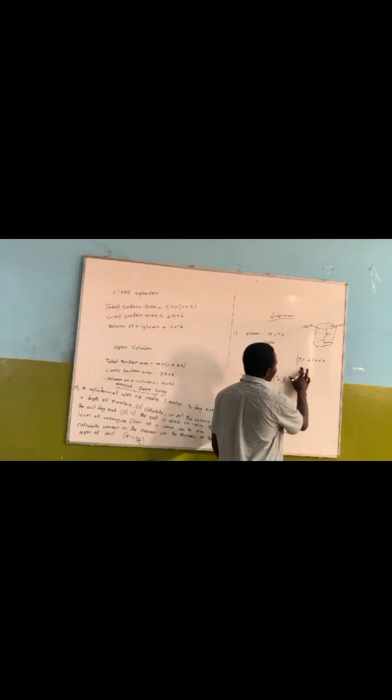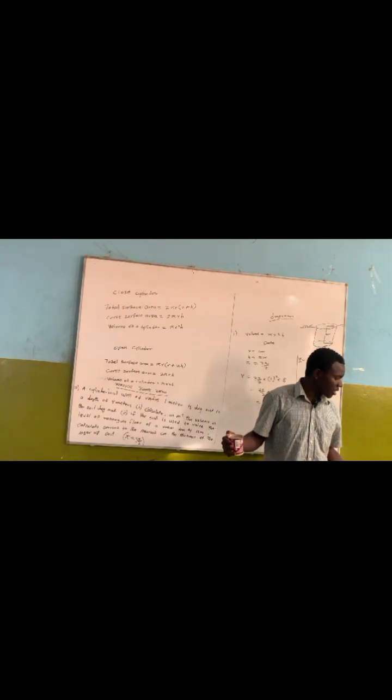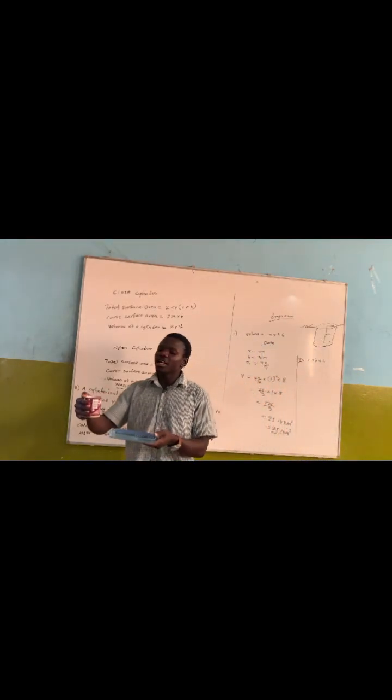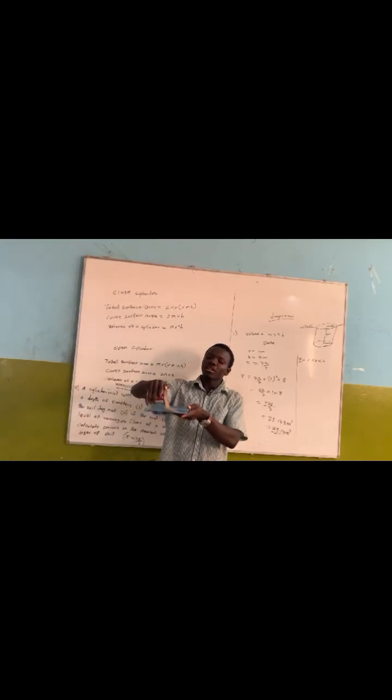That makes sense. Okay, so now let me just prove it to you just in case. Here is the soil dug out from the cylinder. I just brought some soil particles here just to explain it a bit further. If I take the soil of this cylinder and turn it into this one, it reaches a certain level.